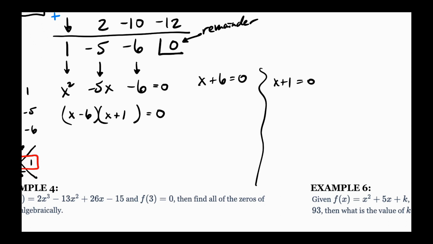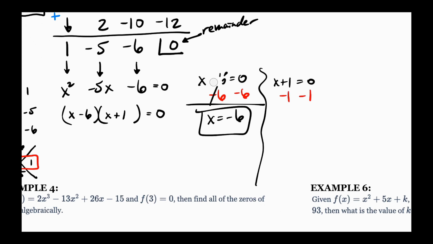Subtract 6 from both sides. So x - 6 equals 0, and I add 6 to both sides and I get +6.